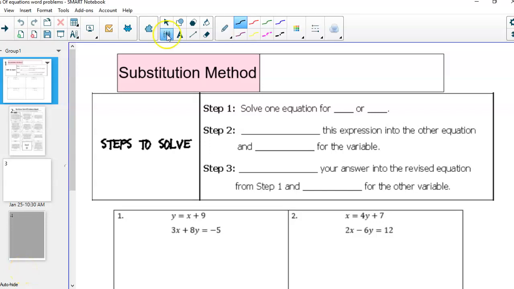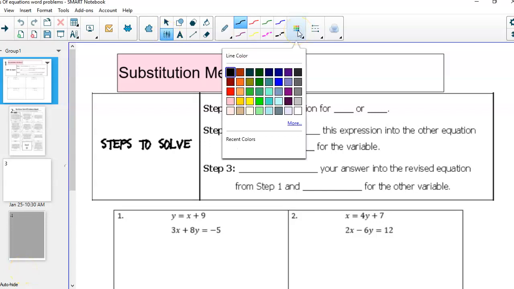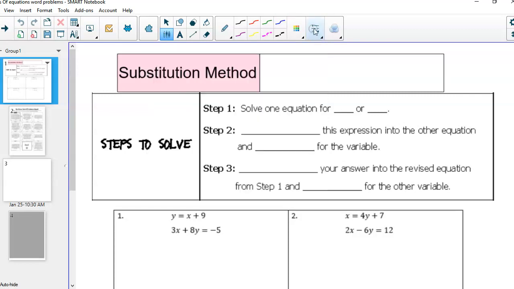So this should be solve for x or y. So that's always going to be your first step. And then you're going to substitute whatever expression you solve for into the equation and solve for the variable.